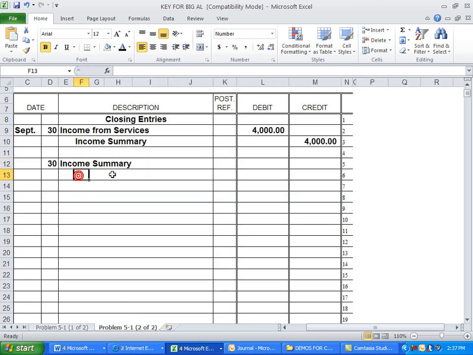So we're going to credit advertising expense, and the balance of that was $500, so we have to credit that. We're going to close supplies expense, and that is for $700. And we're also going to close wages expense, and that is for $3,000.